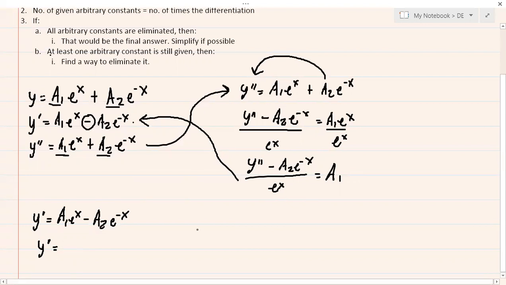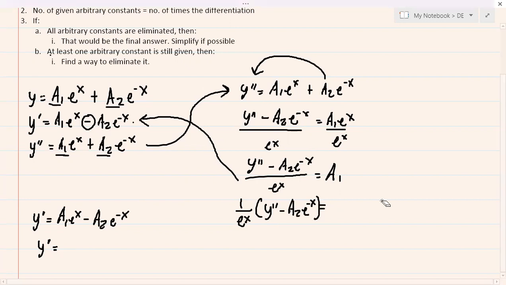By the way, if you don't want such a complicated fraction, you can rewrite this in this way. You can simply have 1 all over e raised to x times quantity y second prime minus a sub 2 times e raised to negative x.